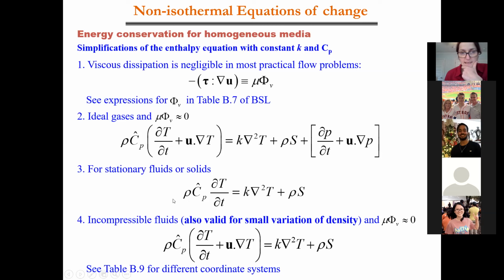So basically, this is something that you can use a lot and you can directly apply. And then for incompressible fluids, I get something like this. And there are tables in the appendix that help use these in different coordinate systems.